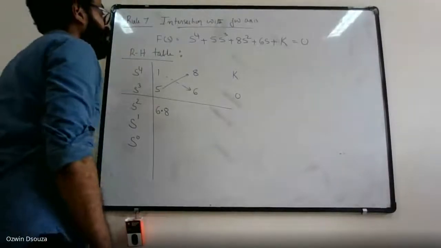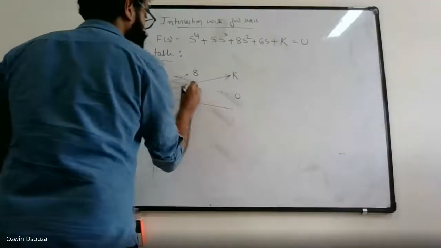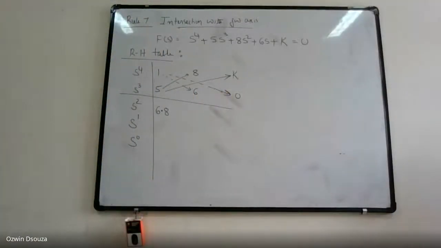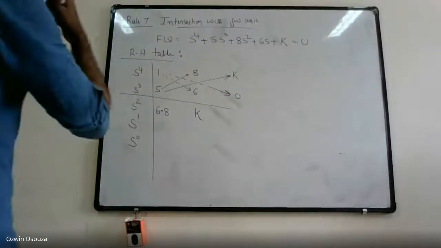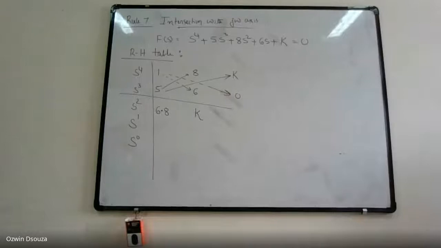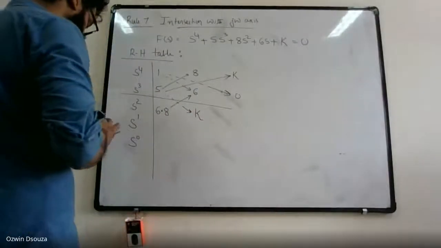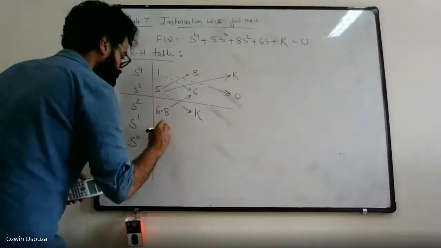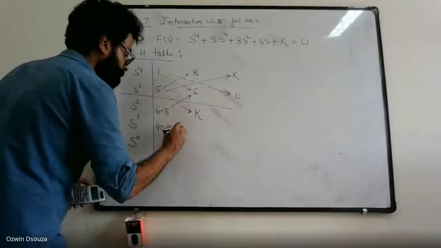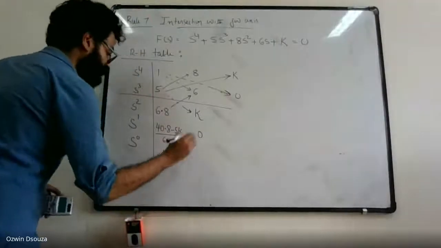This is 5K minus 0, divided by 5, that will give me K. The second one is 6.8 into 6 minus 5K, that is 40.8 minus 5K divided by 6.8, 0, and here you will get K.